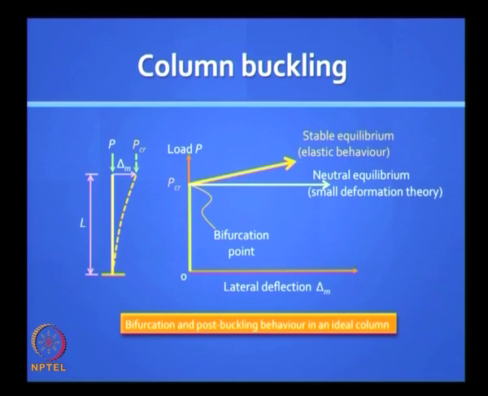It could follow this line, which means you have a post buckling strength, or it will go down, where, when large deflections are there, you will have material nonlinearity also coming in. So why is this theoretical prediction of that horizontal line not valid in real practice?